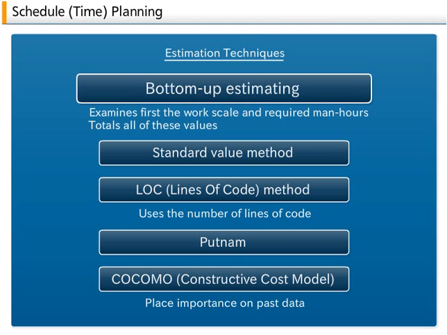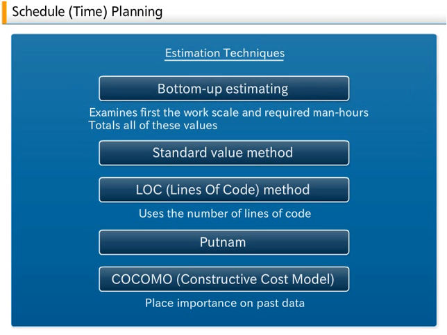4. Bottom-up estimating. The bottom-up estimate is a method that examines first the work scale and required man-hours for each individual work unit indicated in the WBS and then totals all of these values.